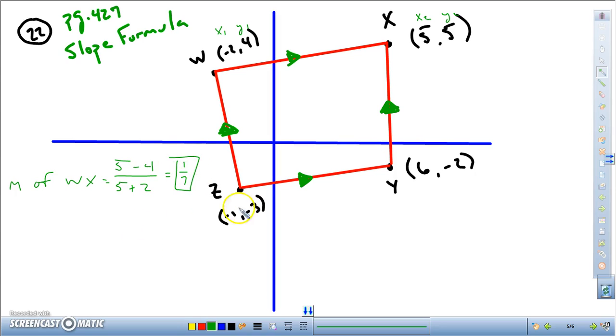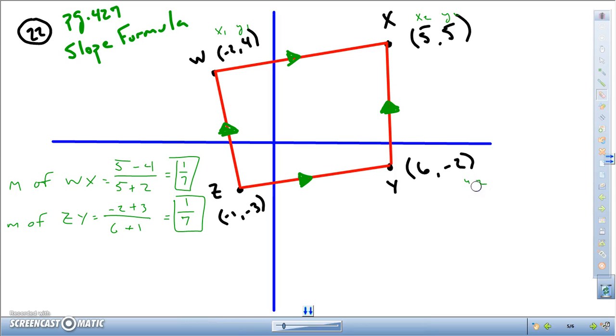Now I want to find the slope of ZY and compare that to the slope of WX, and I want those to be the same. We'll label our points here going from left to right again. The slope of ZY is equal to Y2 minus Y1 over X2 minus X1. Negative 2 plus 3 is 1, 6 plus 1 is 7. So I know that these two lines are parallel, which is a good start.